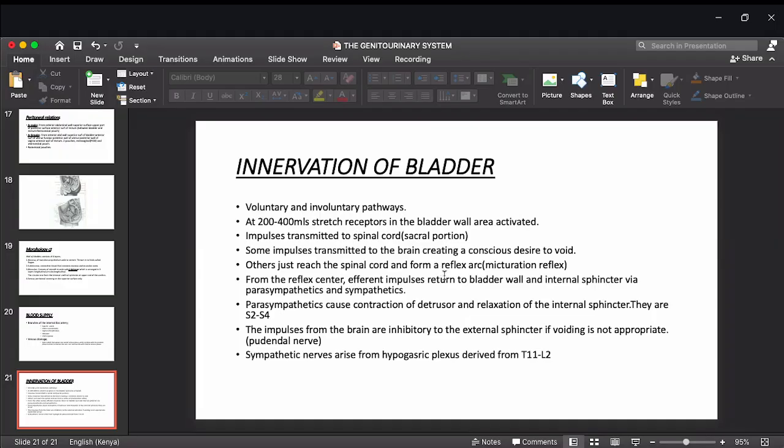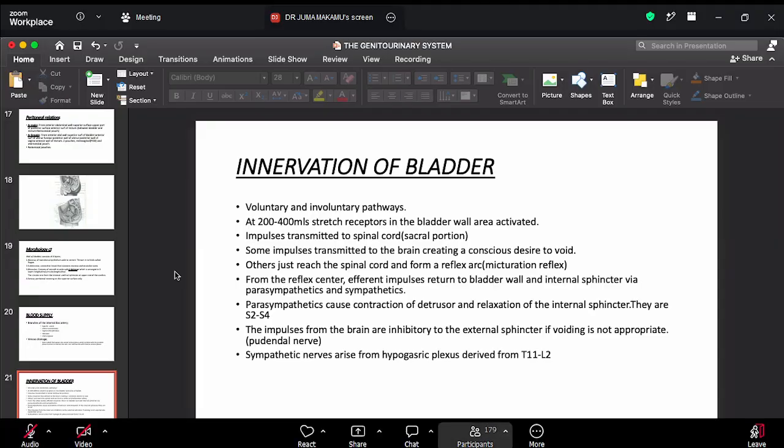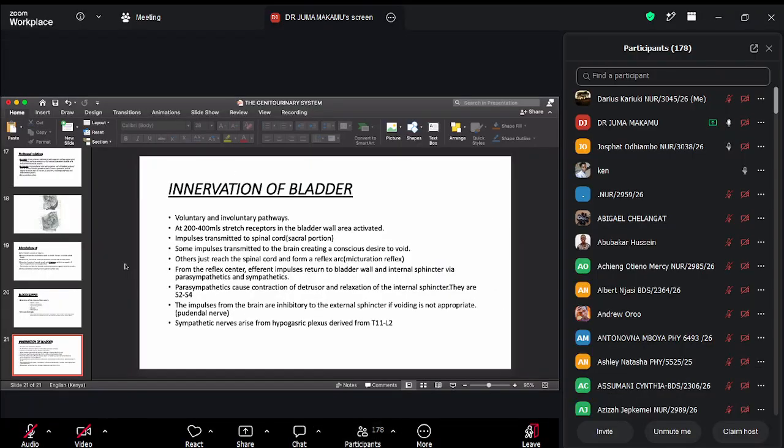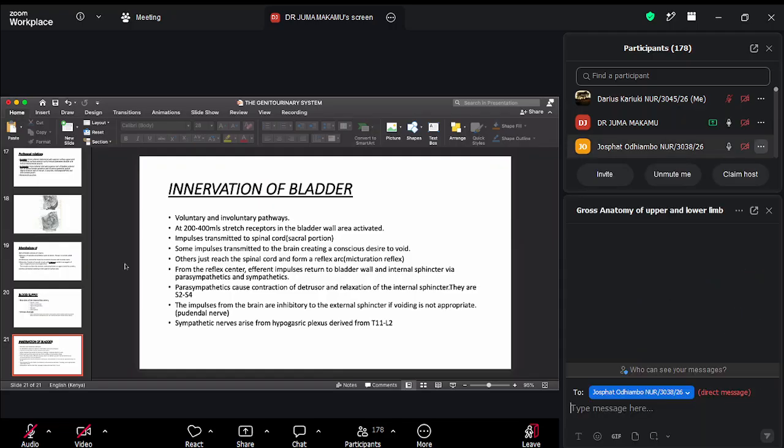Excuse me, sir. Yes, Joseph. Sir, you said you will protect our marks. Protect what? You will protect our JC anatomy marks. You said you will come individually to see the marks at the secretary's office. No, I changed my mind.